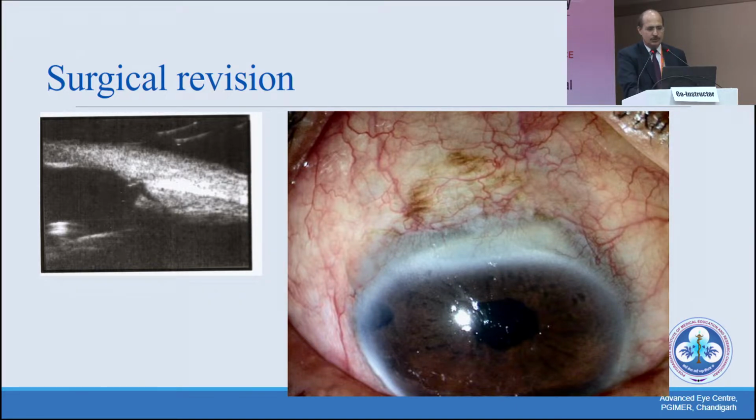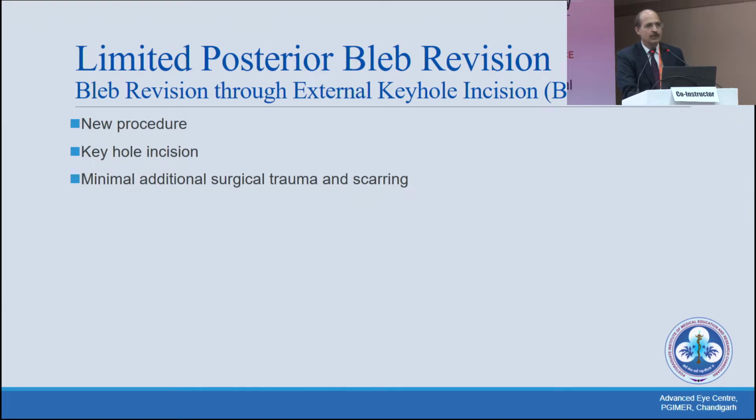Now in this situation, one could do another procedure which I call a Bleph revision through external keyhole incision, or BREKI in short. This is a relatively newer procedure, not much used. What you do is make a small keyhole incision in the conjunctiva away from the Bleph.